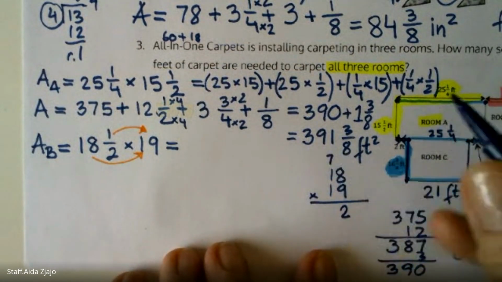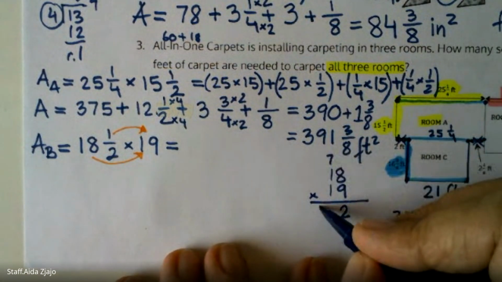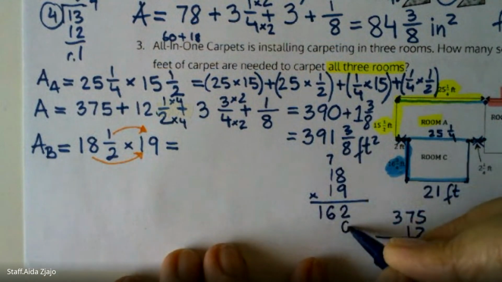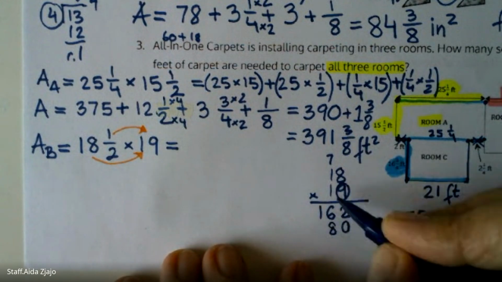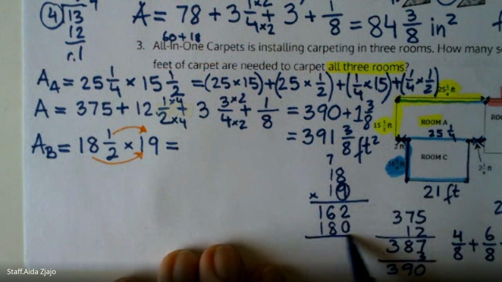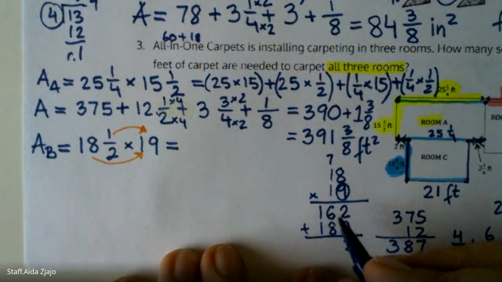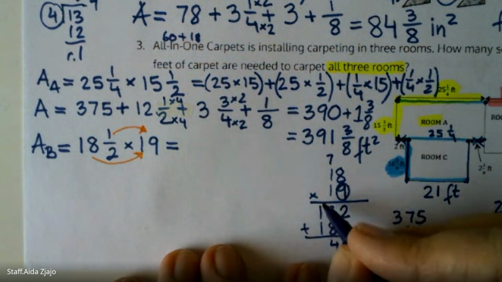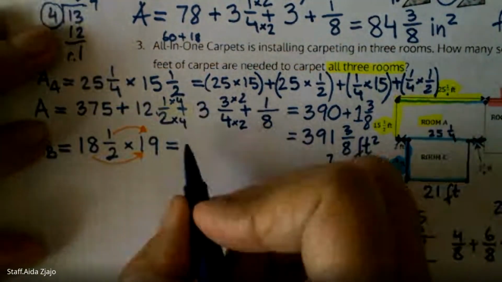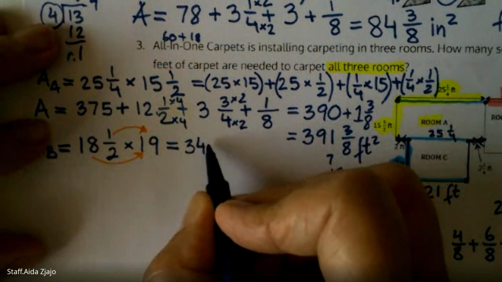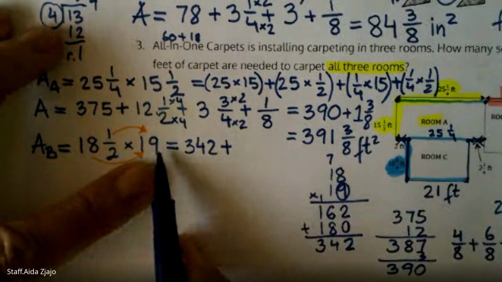I remember 7. 1 times 9 is 9, plus 7 is 16. I add a 0. I'm done with ones. 1 times 8 is 8. 1 times 1 is 1. That is 8 plus 6 is 14. So that is 342. So 342 plus, what is a half of 19?